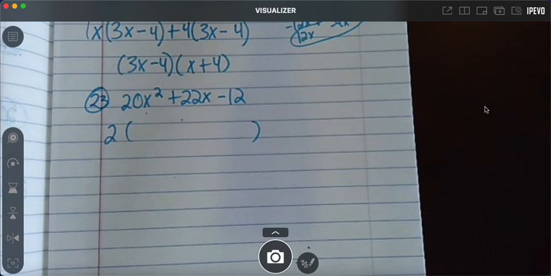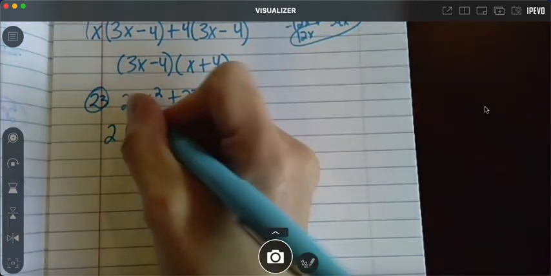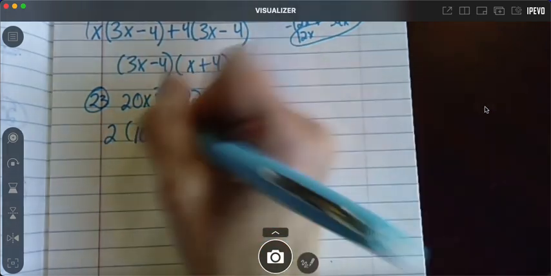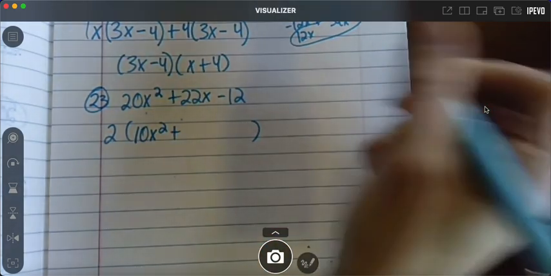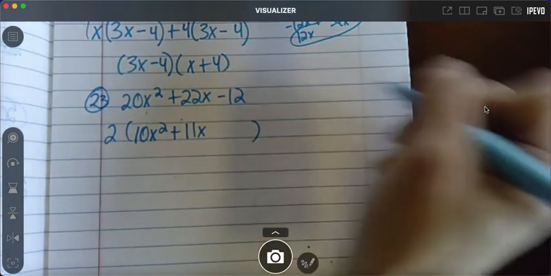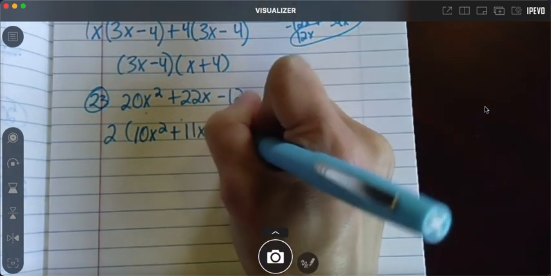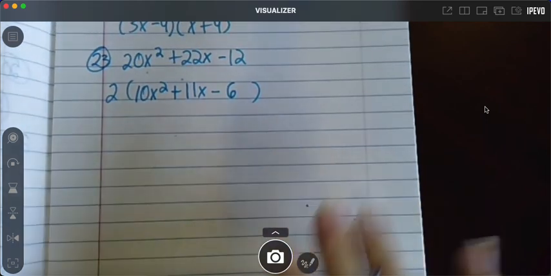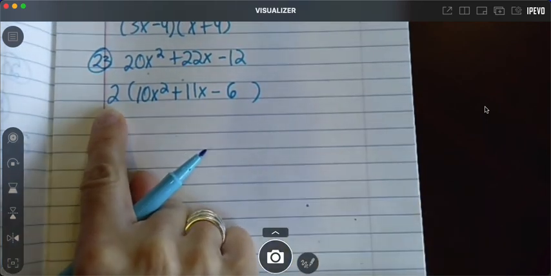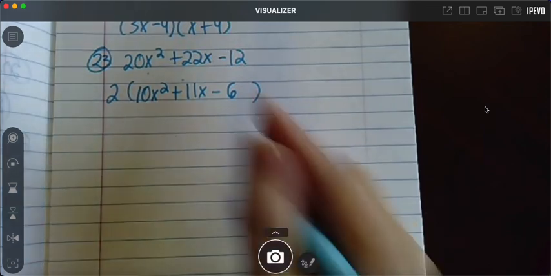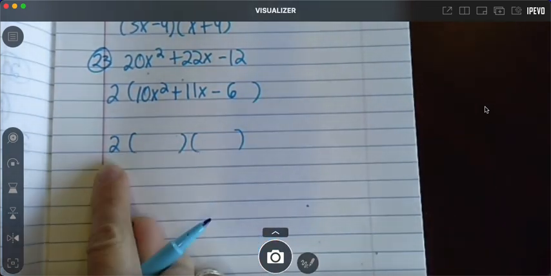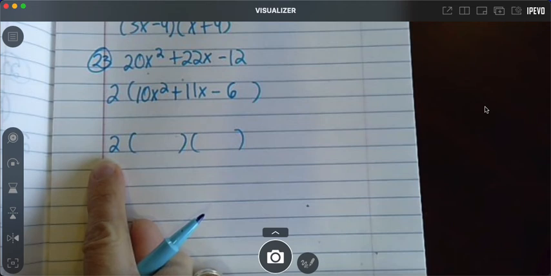It's going to make everything smaller. What's 20 divided by 2? 10. What's 22 divided by 2? 11. And what's 12 divided by 2? 6. Now, when I have my final answer, what is out here? A 2. So I know my final answer is going to have a 2.